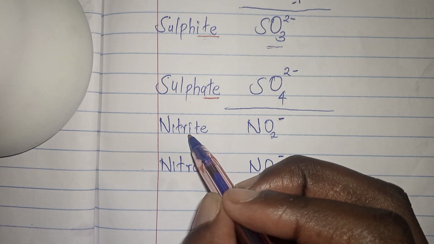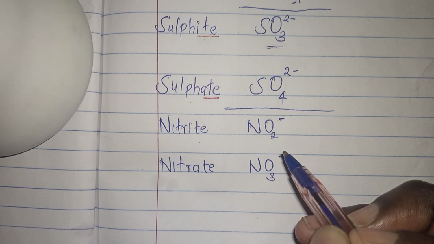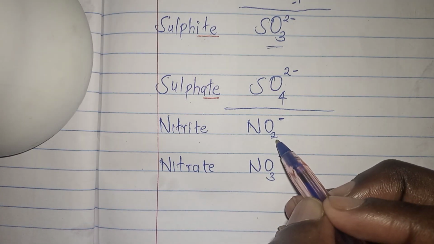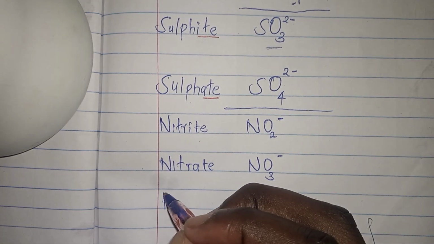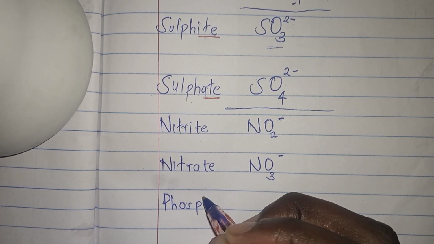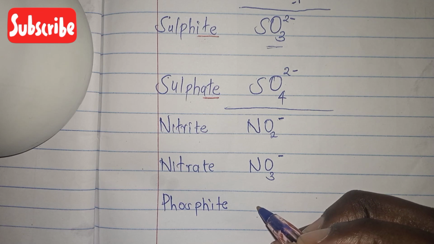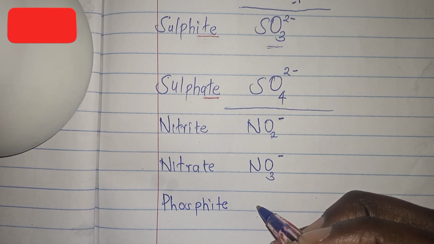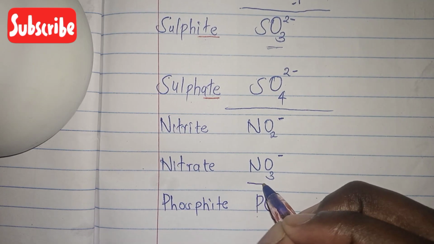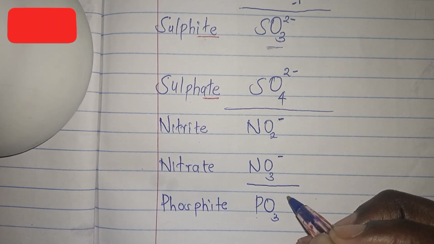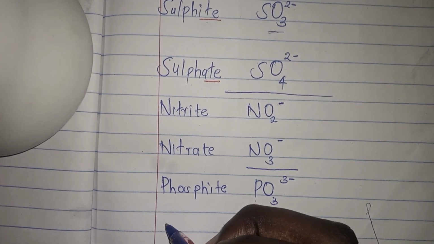So whenever you see the suffix "ite" and "ate", note that it shows the presence of oxygen atoms in that radical. This is also applicable for phosphate and phosphite. This is for phosphate.